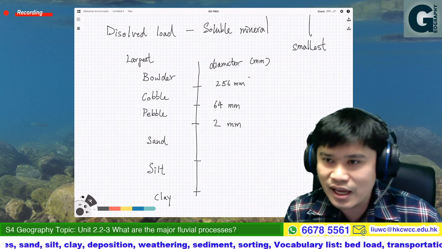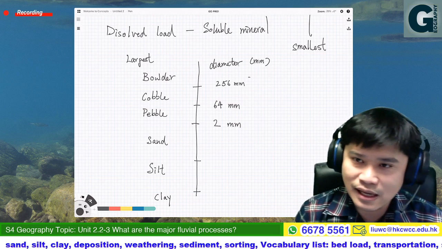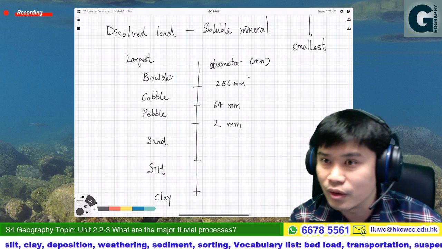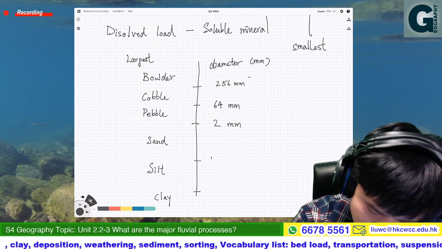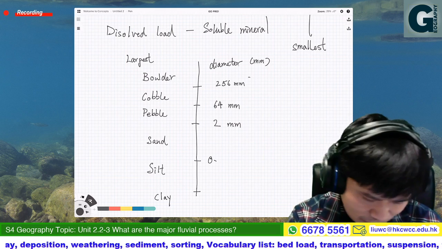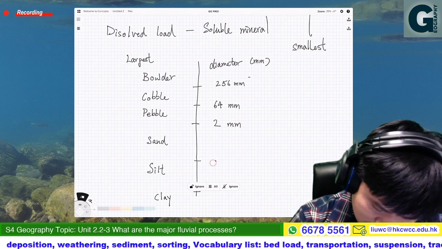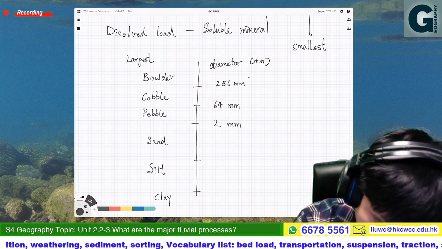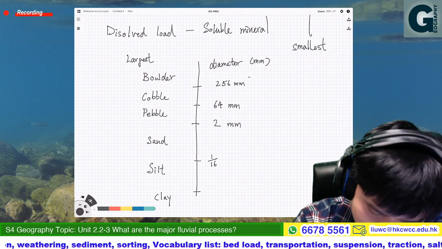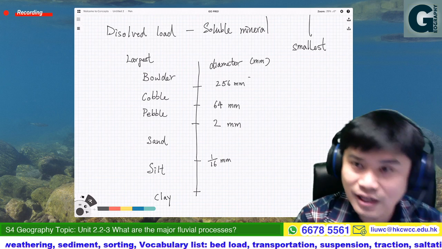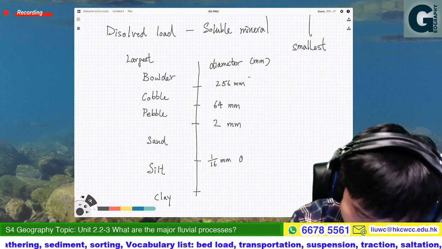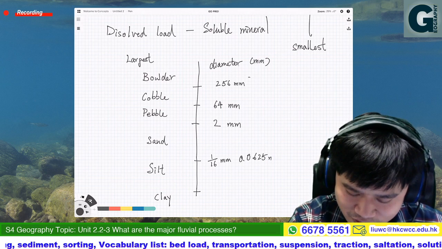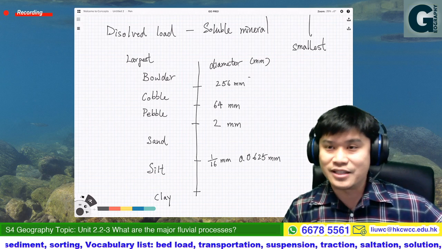For sand, you may understand it as from 2 mm to, actually, I may use this, that would be a little bit better, about 1/16 mm, that is about 0.0625.